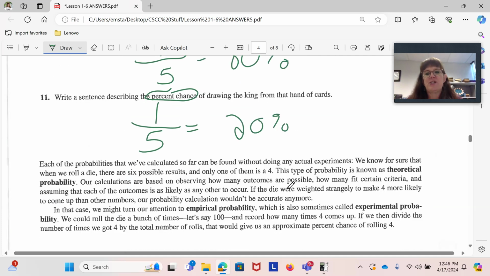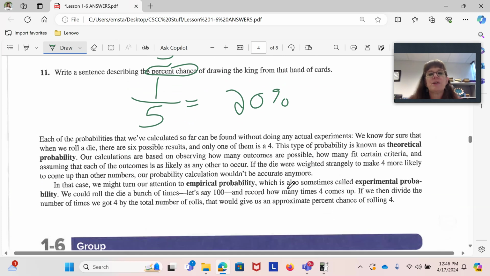About the middle of this page, they hit something that's pretty important. They talk about, we haven't really done any experiments. We have been looking at what's called theoretical probability. This is what we assume we should get. So we're based on observing how many outcomes are possible and then how many fit what we're trying to look for. So that's theoretical probability. But there are some cases where theoretical probability may not work very well, and that's where we're going to look at empirical probability.